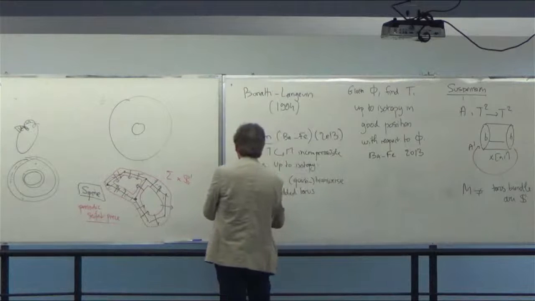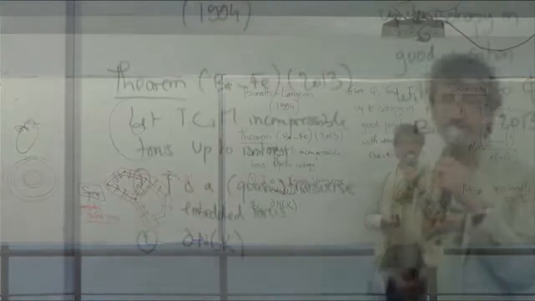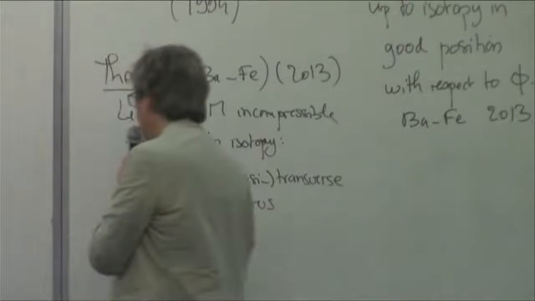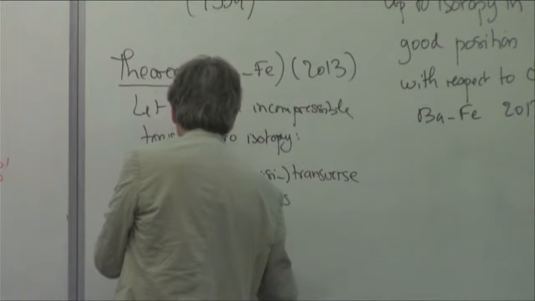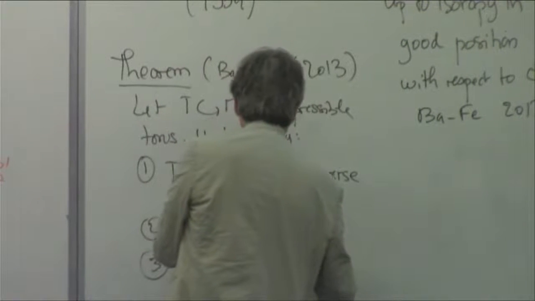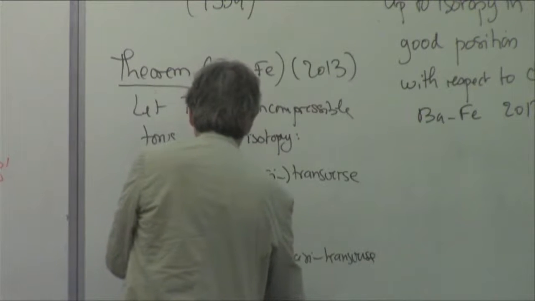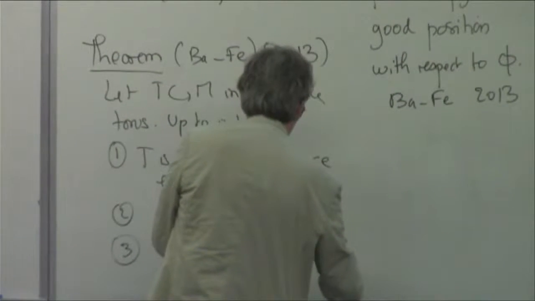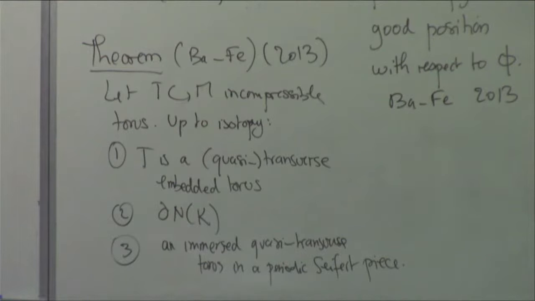The second case is the boundary of a Klein bottle that I described previously, which could happen. And the third case is an immersed quasi-transverse torus in a periodic Seifert piece.